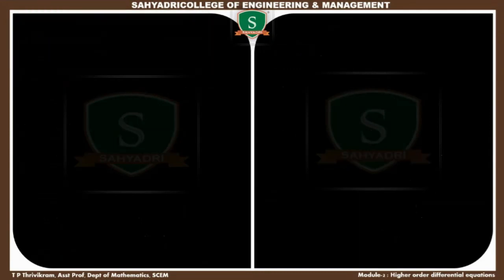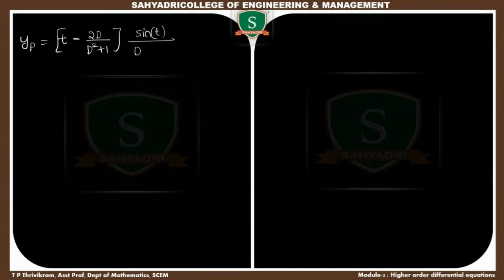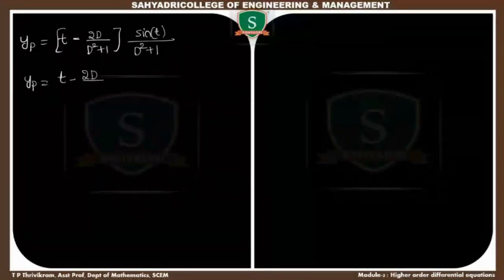So yp is equal to, here instead of x we have t, minus f dash of d, 2d, divided by d square plus 1 into v, that means sin t divided by f of d, d square plus 1. So therefore yp is equal to t minus 2d divided by d square plus 1 into sin t.